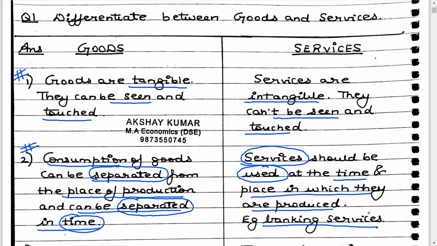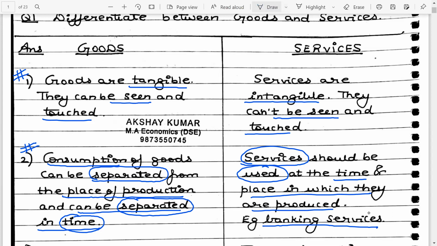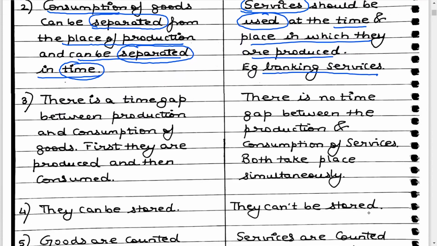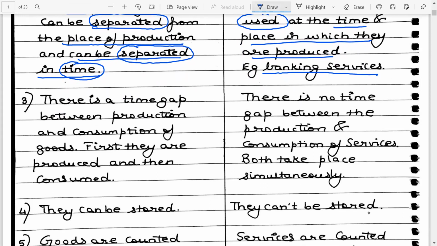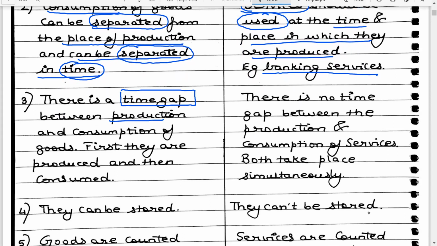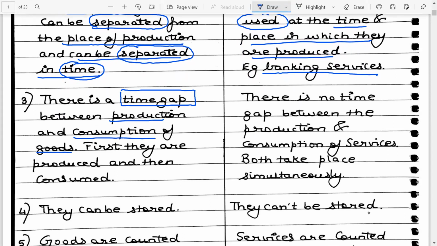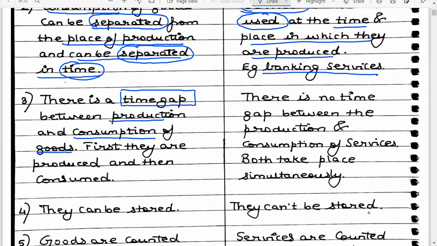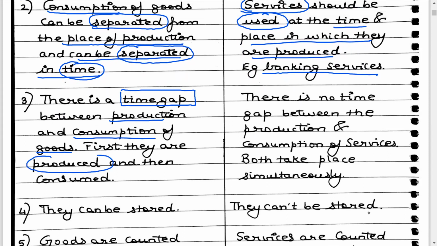Okay, moving forward, let's look at the third difference between goods and services. There is a time gap between production and consumption of goods. First, goods are produced and then they are consumed.